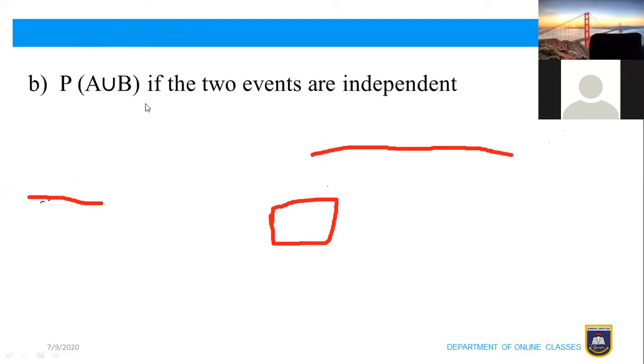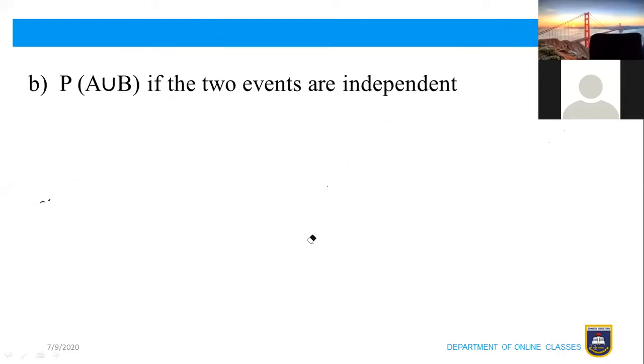Probability of A union B if the two events are independent. Now, if the two events are independent, it means they have something in common. So this time, your A intersection B will not be 0.